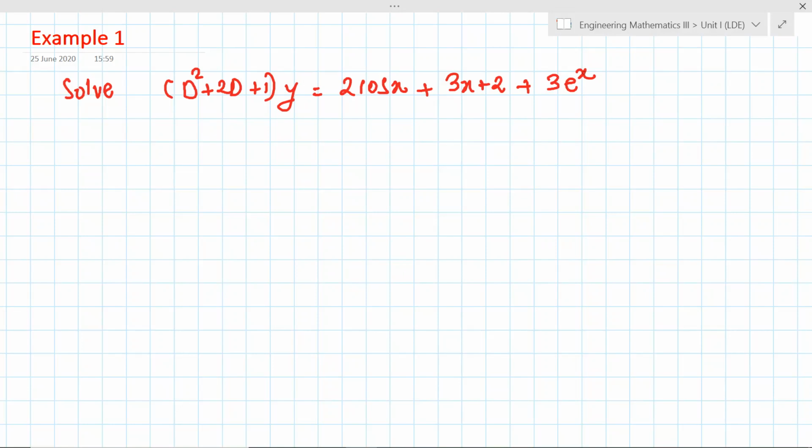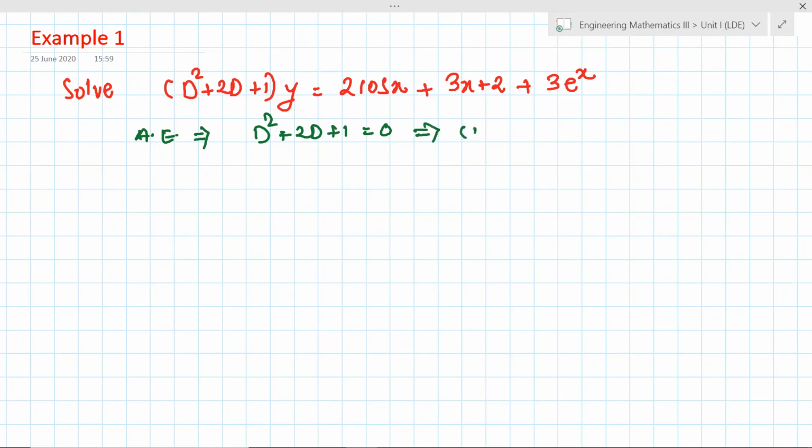Now let us try to solve. We are interested in the complete solution, so we have to find the complementary function as well as the particular integral. For the complementary function, consider the auxiliary equation: D square plus 2D plus 1 equals 0.